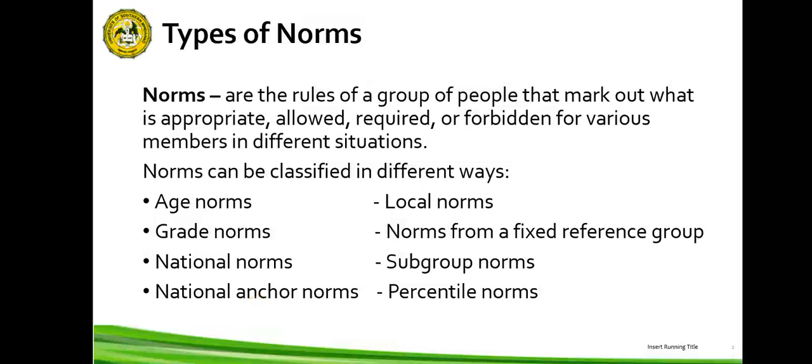Now, a norm can be classified as age norms, grade norms, national norms, national anchor norms, local norms, norms from a fixed reference group, subgroup norms, and percentile norms, and this will be discussed one by one.